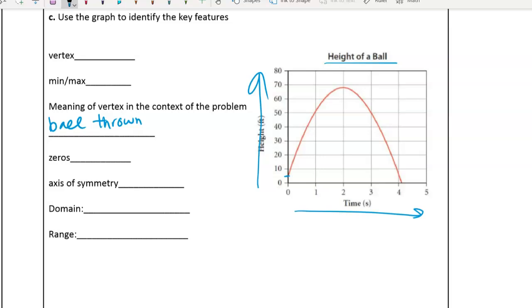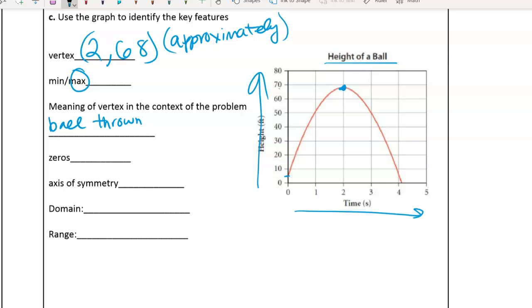All right, so our vertex is going to be up here. So we're at 2, and I would guess about 68. It doesn't have to be perfect. We're just practicing what we've learned in this class. We can even say this is approximate. All right, and we do have a max here, and we could say the max is about y equals 68.